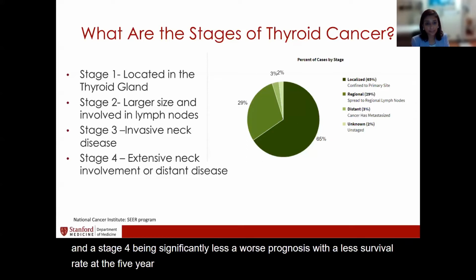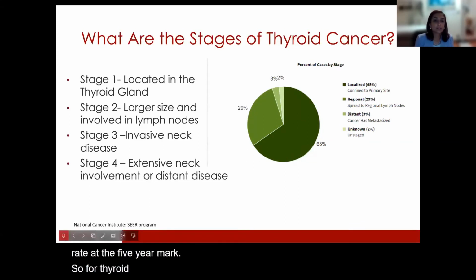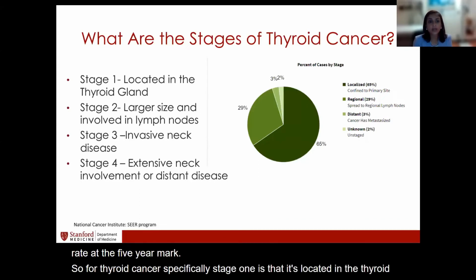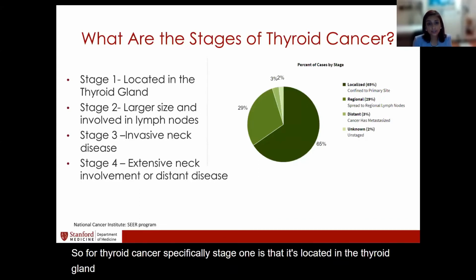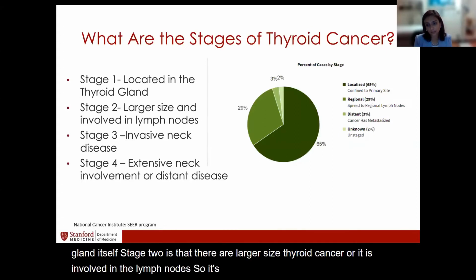For thyroid cancer specifically, stage 1 is when it's located in the thyroid gland itself. Stage 2 is a larger size thyroid cancer, or it is involved in the lymph nodes, so it's spread. This is also known as regional spread.